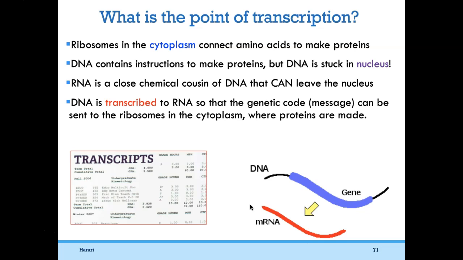They would just make a copy of a transcript and then send that transcript out. So it's the same kind of concept. You're not going to take the DNA, the actual genetic code, and then give it to the ribosomes. You just want to make copies of the parts you need. Make copies of the relevant genes, and then send those transcripts out to the ribosome. So then only the relevant proteins are going to be made.